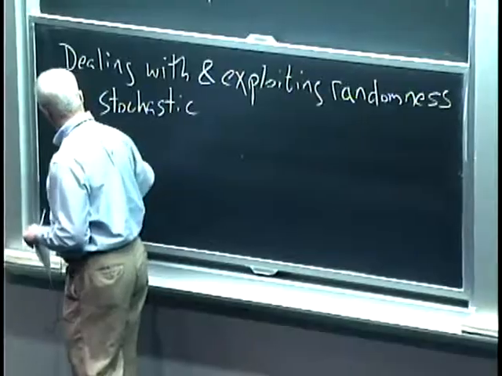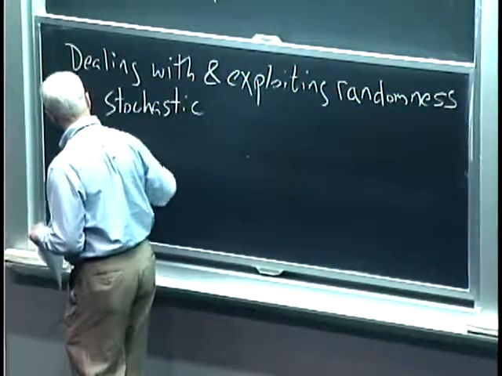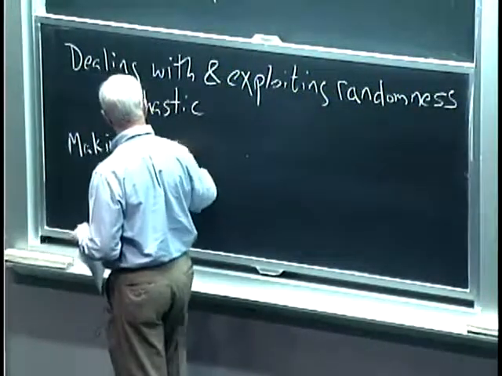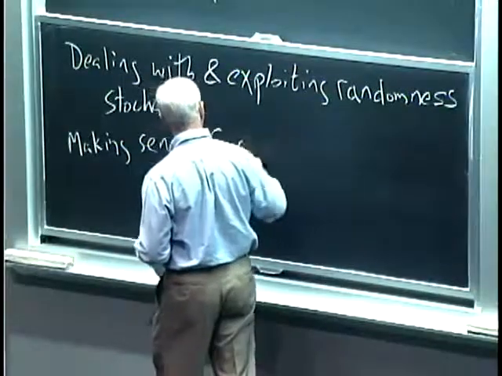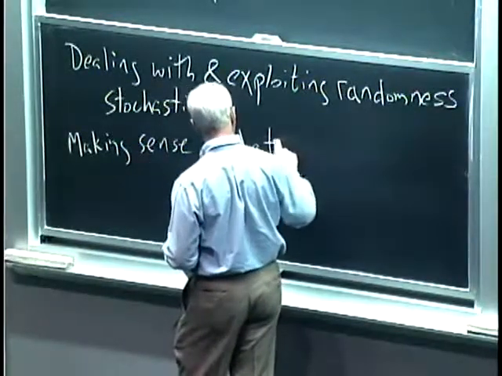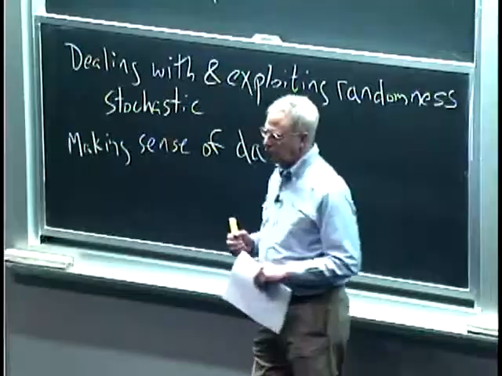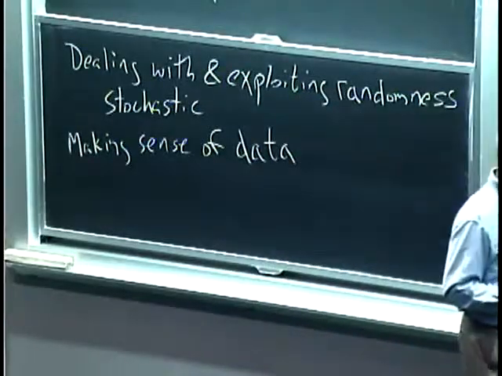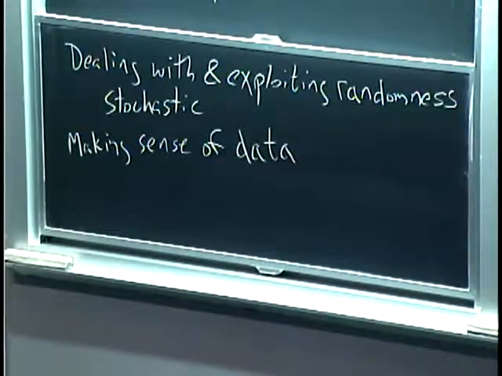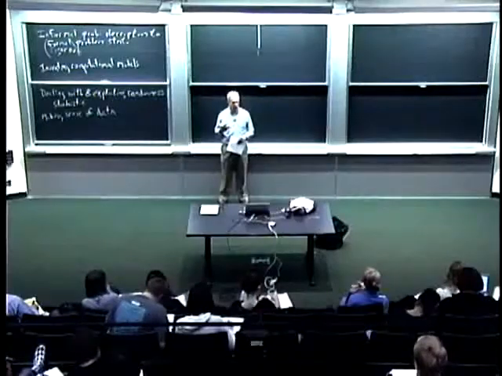What else are we going to be looking at? We'll be looking at the notion of making sense of data. As we look at, again, modeling the world, we discover there's a lot of data out there.